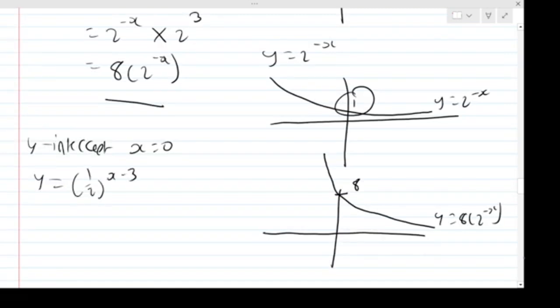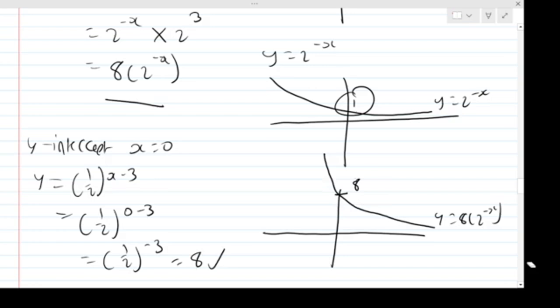But if I'm going back to basics, if I have this default equation I was given, if I set x to 0, that'd be a half to the 0 minus 3. That's a half to the minus 3. And then you could perhaps put that in the calculator or simplify it yourself if you want to, using power laws. But we get 8. So indeed I must be correct then, right?